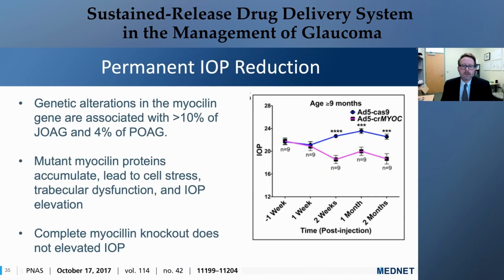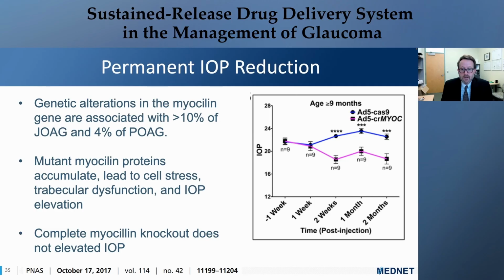And now if we go on to more theoretical ways to permanently reduce the IOP in a sustained way, this is all preclinical. We know certain genetic alterations are associated with elevated IOP, such as the myocilin gene. By knocking out the myocilin gene using an adenoviral vector, you can get prolonged IOP reduction in mouse models of glaucoma.